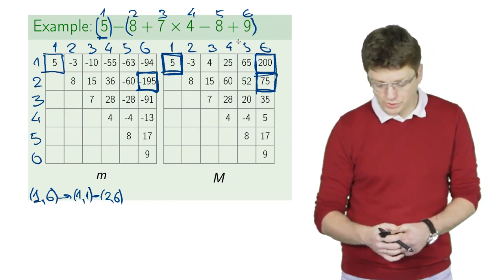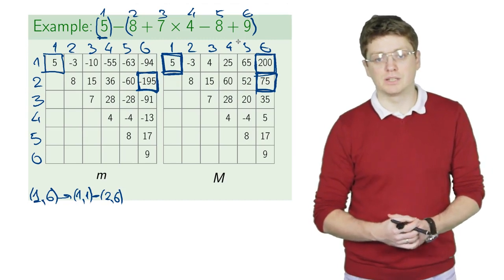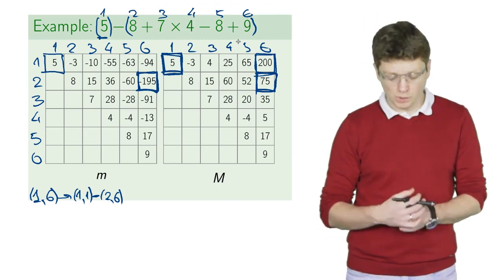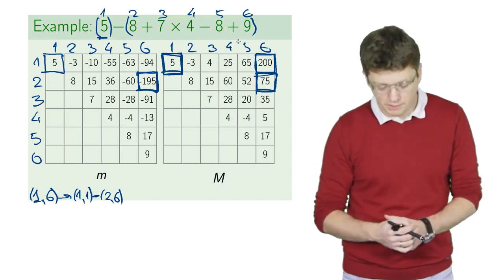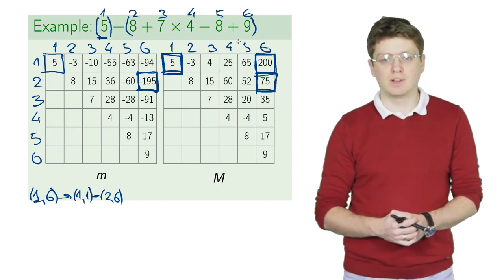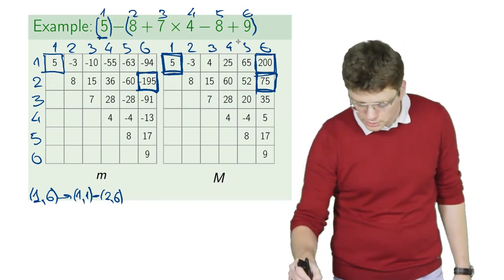So we restored the last operation in an optimal parenthesizing of the initial expression. However, we still need to find out how to obtain minus 195 out of the second sub-expression. Well, let's do this.